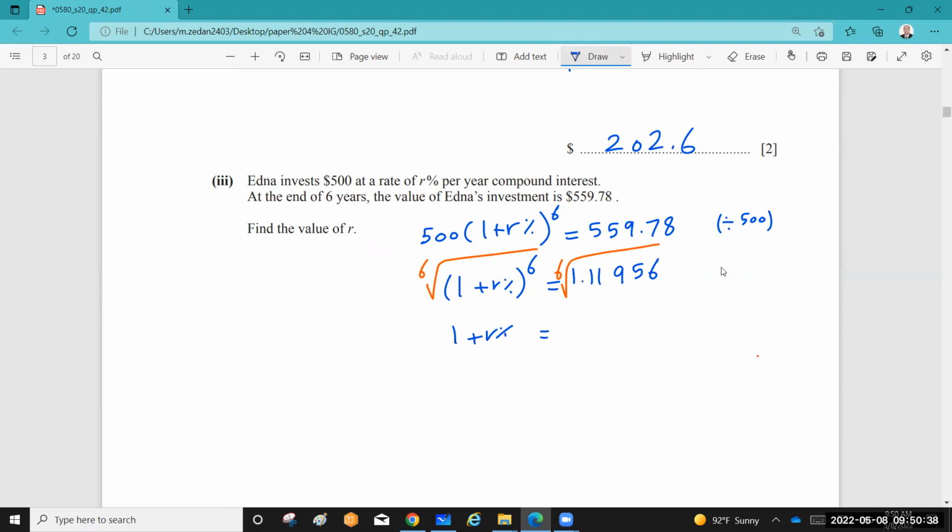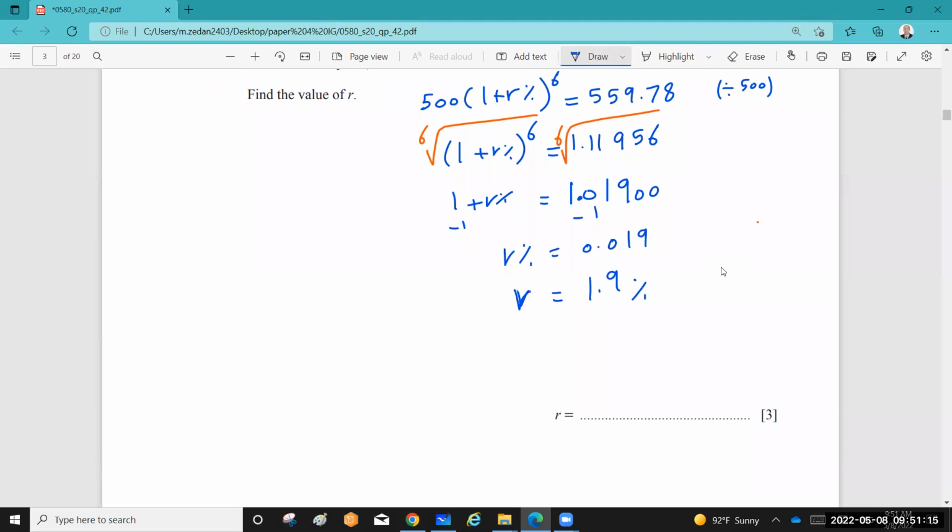I calculate the 6th root of 1.11956 and I get 1.019. By subtracting 1 from each side, you will get R% equal to 0.019. Multiplying by 100, R is equal to 1.9%. The interest rate is 1.9%.